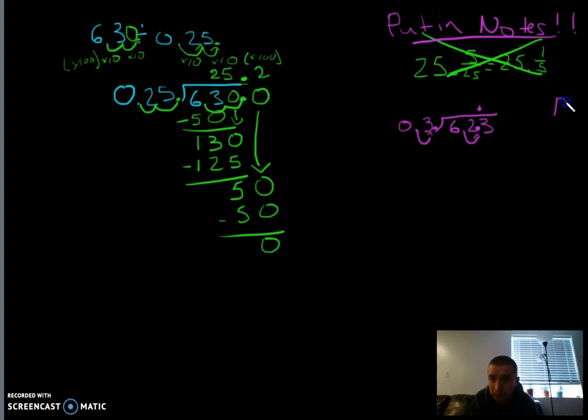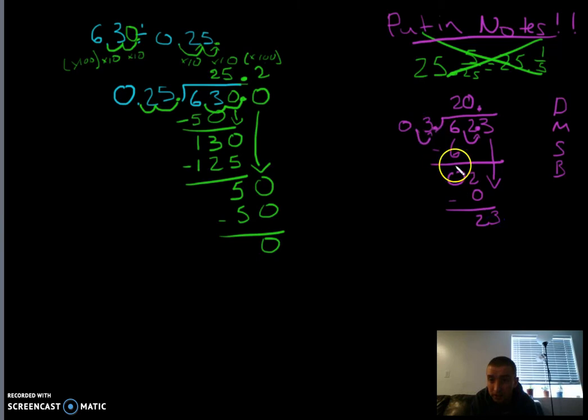I'm going to divide, multiply, subtract, and bring it down. So, how many times does 3 go into 6? That's twice. 2 times 3 is 6. Then 3 can go into 2 0 times, so 0 times 3 is 0. Subtract, bring it down.